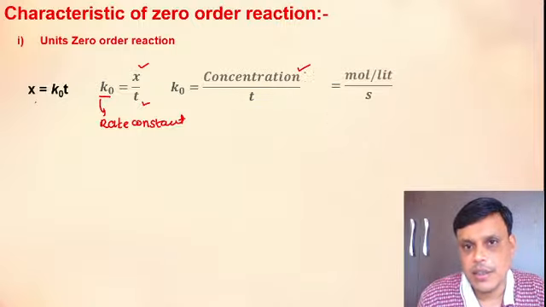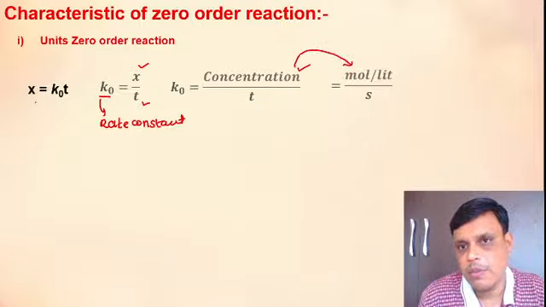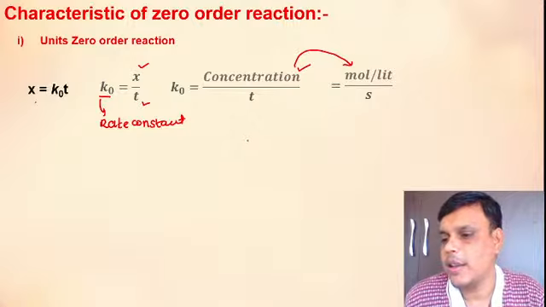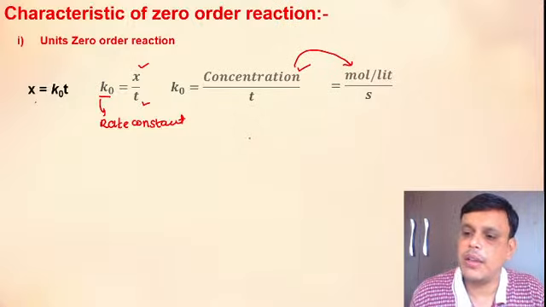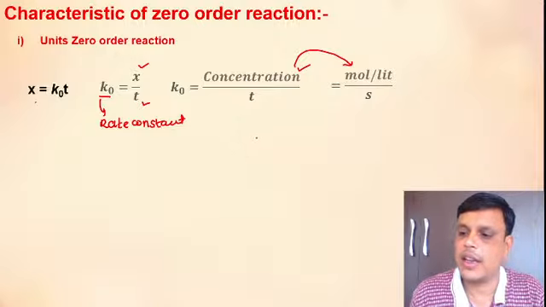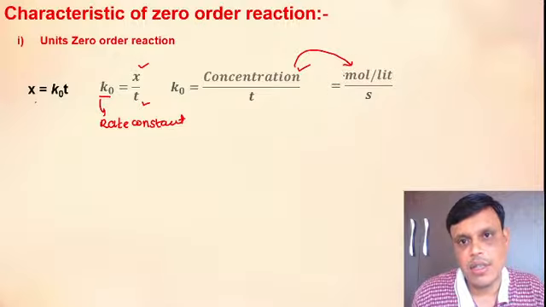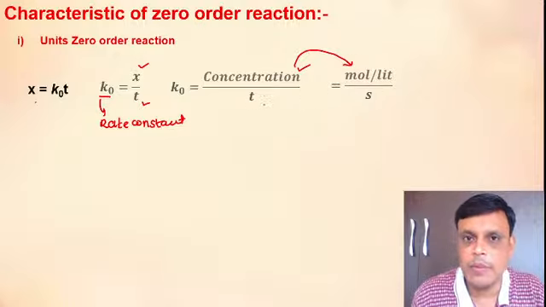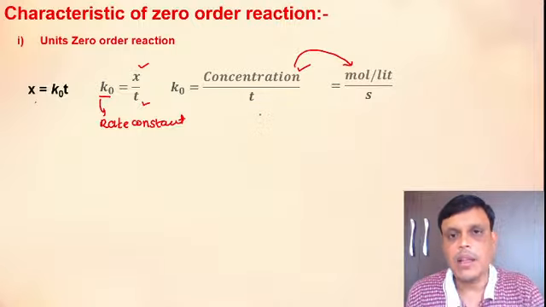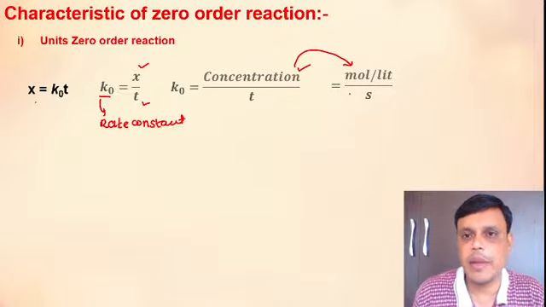So k0 is equal to concentration over time. Concentration is generally expressed in moles per liter, because we are taking concentration in molar. Concentrations of reactants and products are in molar, so the concentration term is moles per liter, and time in SI unit we represent in seconds.